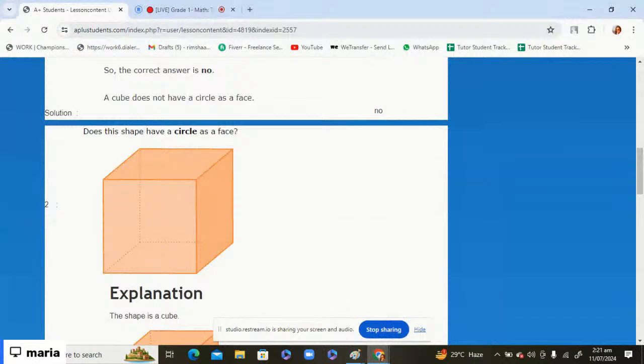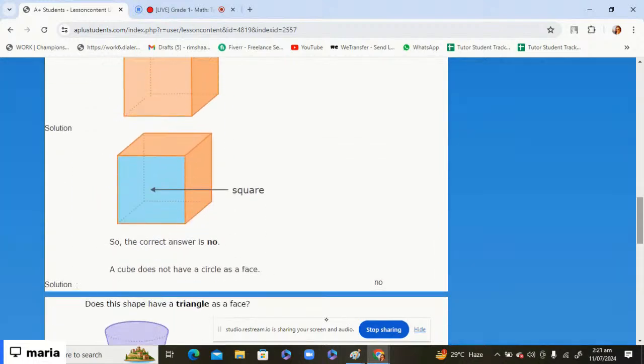Everyone check it out and then tell me, is there any circle shape in this figure? Yes or no? No, it's not. Okay, so we can say that this is only the square shape, there is no circle.